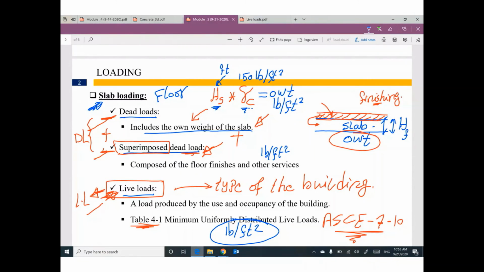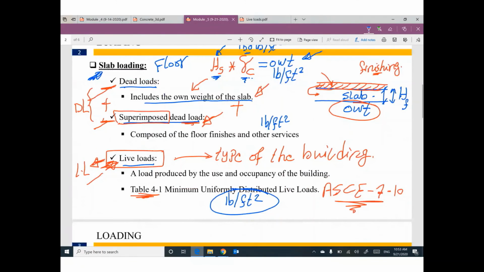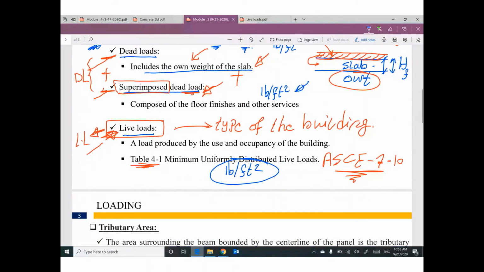I told you before, remember this number. Gamma for normal weight concrete, 150. So I can figure out the own weight in pounds per square foot. Superimposed dead load, most of the time it will be given based on the type of finishing. Live load, you can figure it from this table based on the type of function of this building. Also, pounds per square foot.